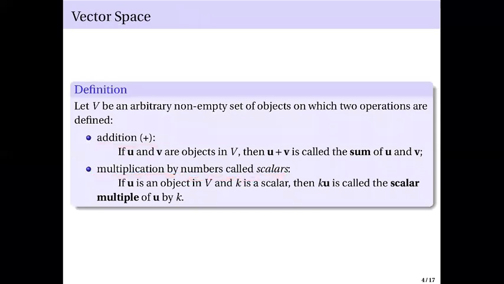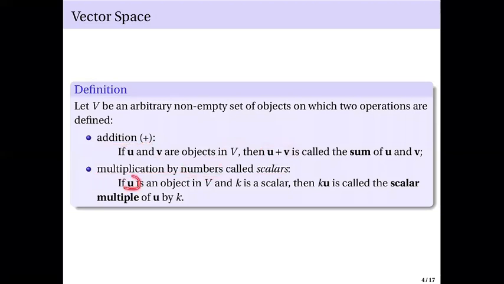For the addition, if you have two vectors or two objects U and V in the non-empty set V, then U plus V is called the sum of U and V. And then multiplication by numbers: these numbers we call scalars. This is defined as follows.